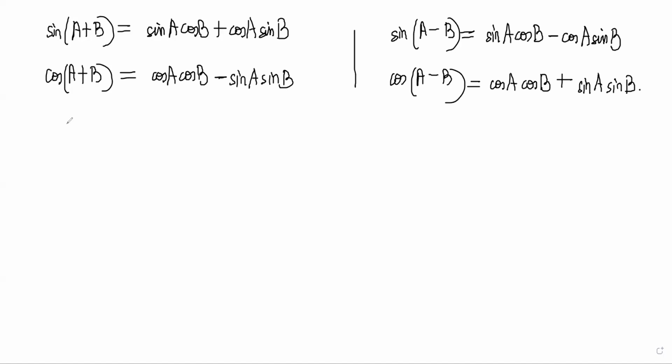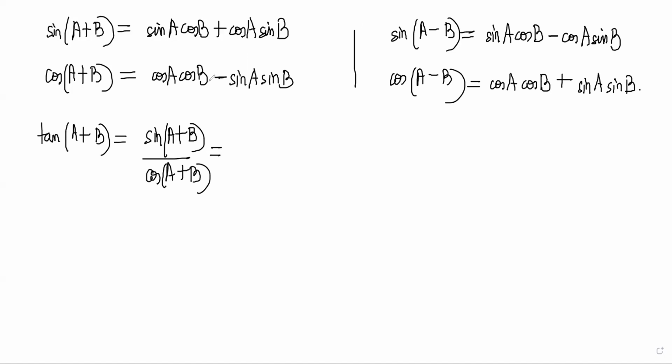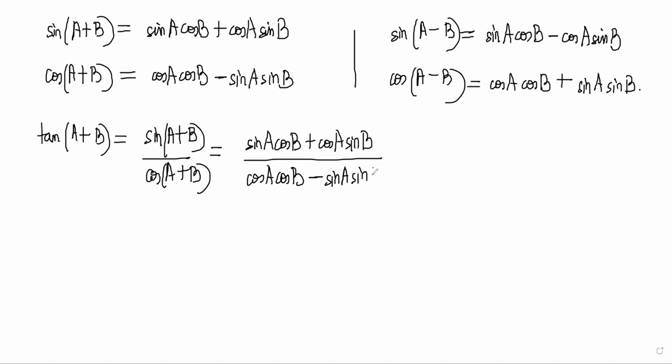Now from here we can also derive the tan of A plus B formula, because tan of A plus B is sine of A plus B by cos of A plus B. So we'll write the ratio of these four terms: sine A cos B plus cos A sine B divided by cos A cos B minus sine A sine B. And I don't want my tan formula to involve sine and cos.